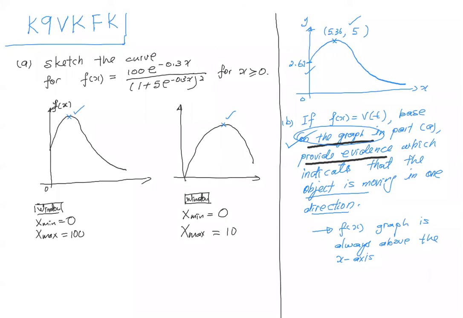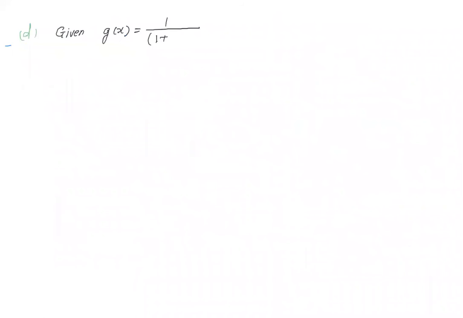If I have part D, now I want to test you on your antiderivative. Given g(x) is equal to 1 over 1 plus 5 e to the power negative 0.3x. Now what will I ask you to do?